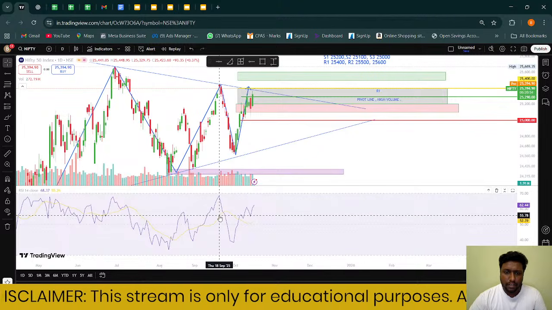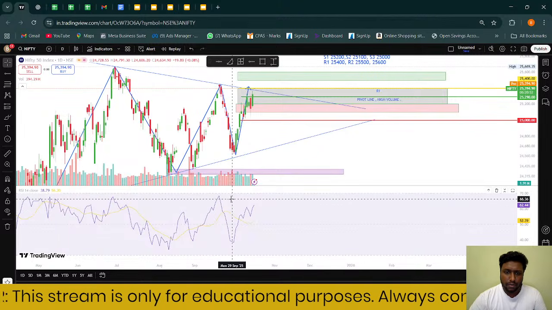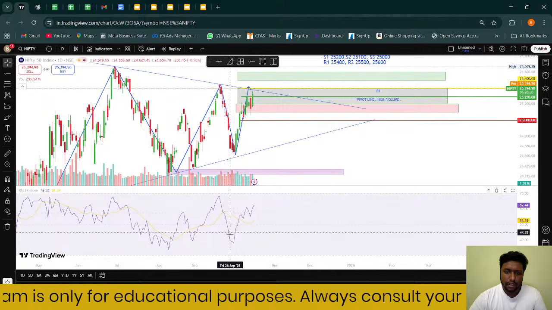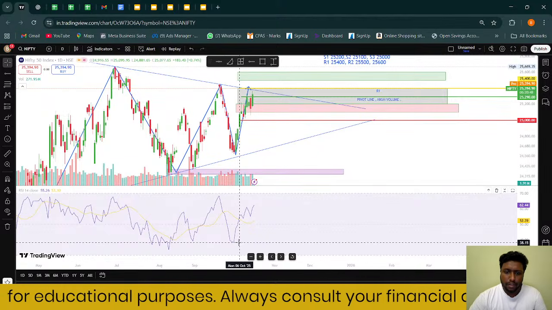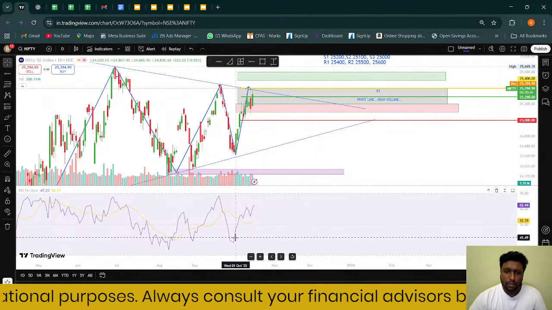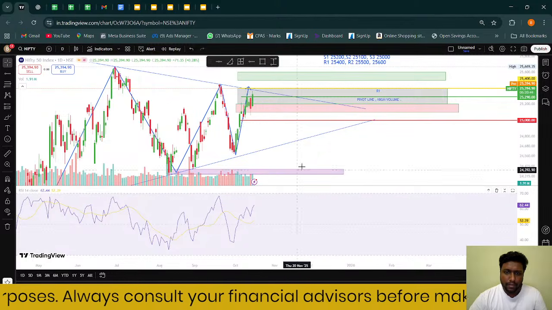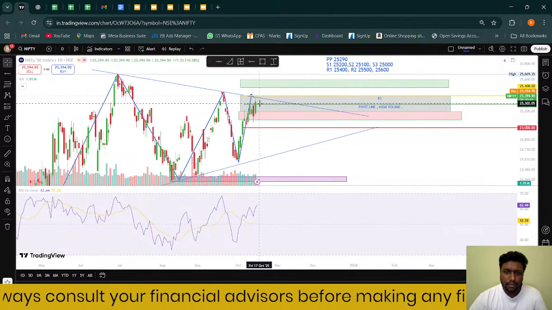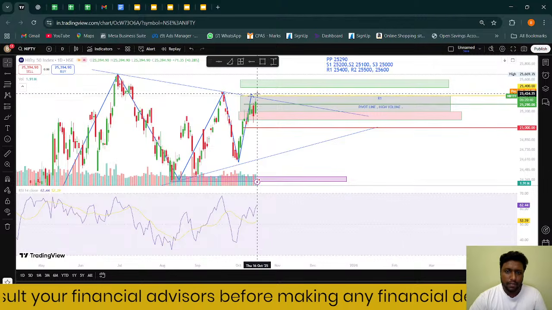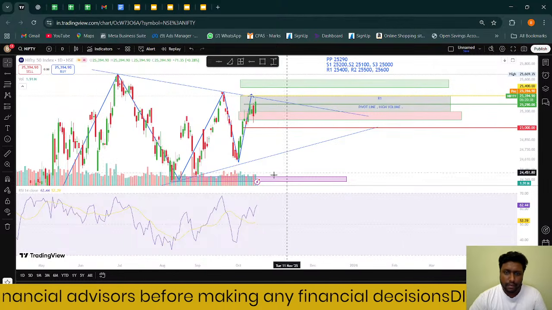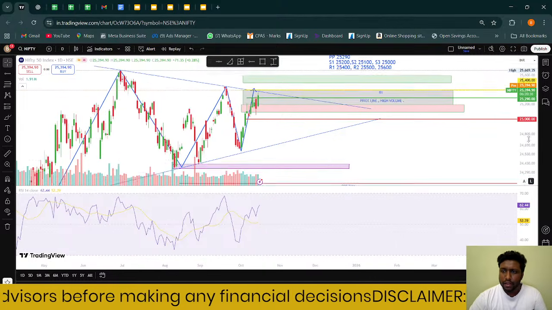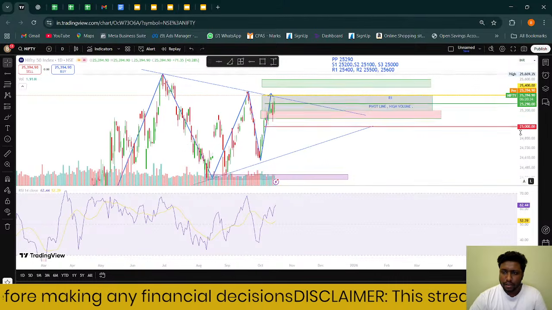Last time you can see it came up to almost 68, then it reversed and came back to 38, and it bounced from there. So if it bounces or reverses from this level, then our symmetrical triangle pattern is going to be respected.